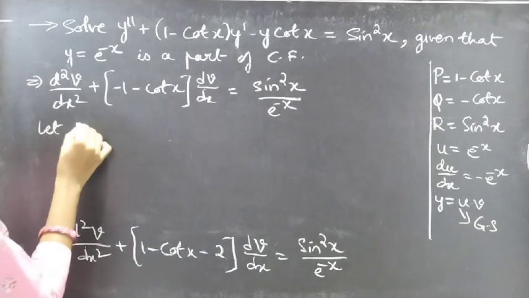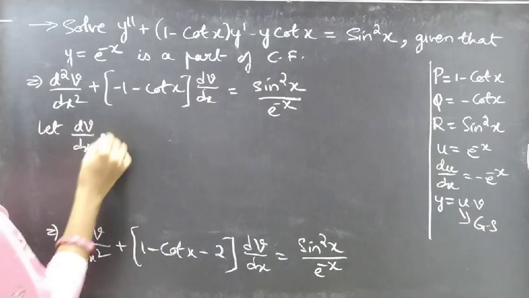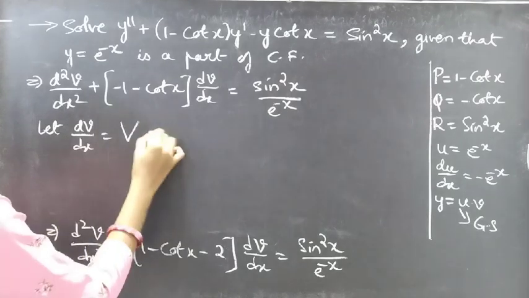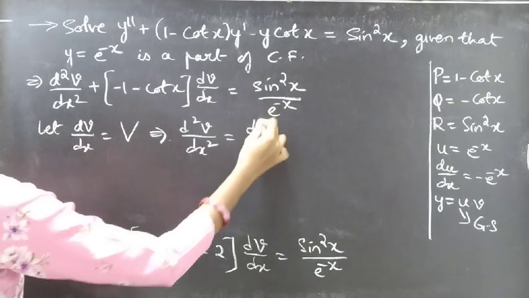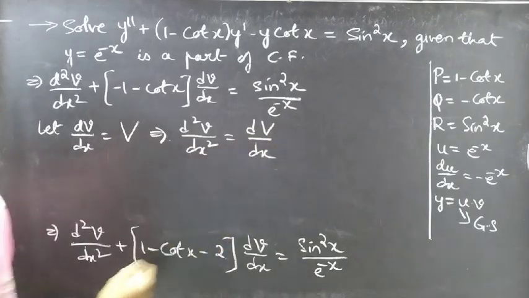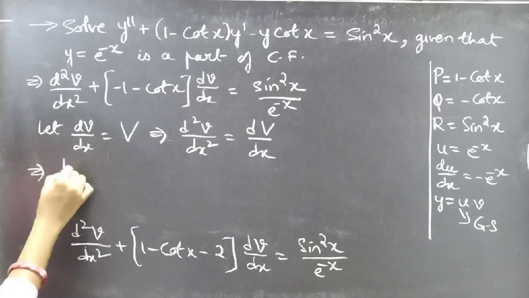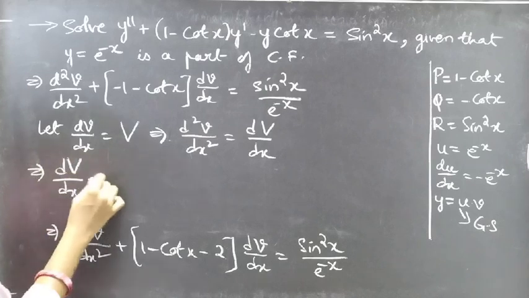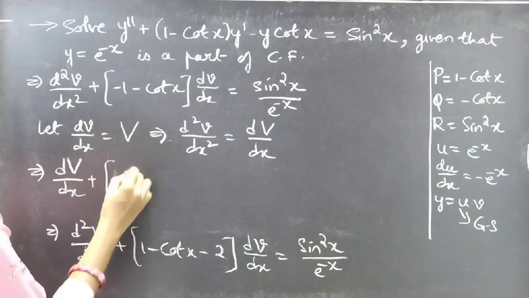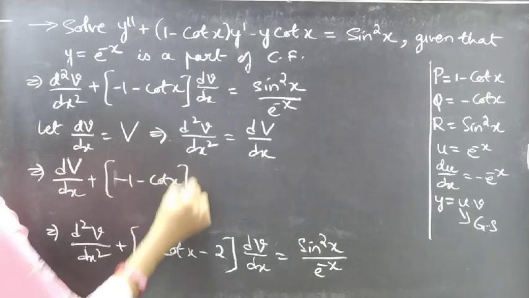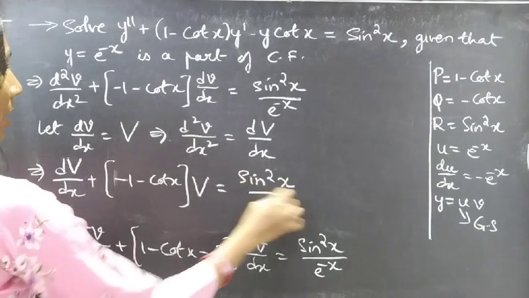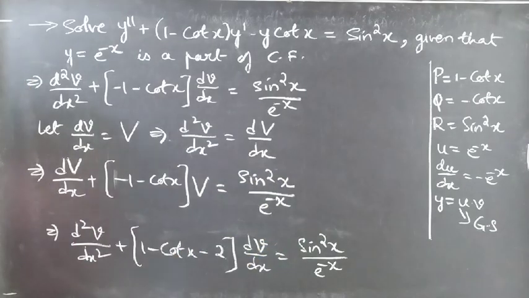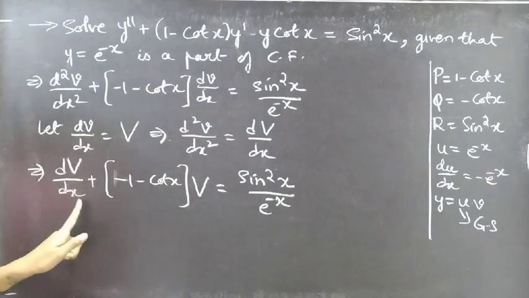Now let dv by dx equal to capital V. Then d square v by dx square will be dV by dx, right? Then the above equation becomes dV by dx plus (minus 1 minus cot x) into capital V equal to sine square x by e power minus x, which is a linear equation in V and x.